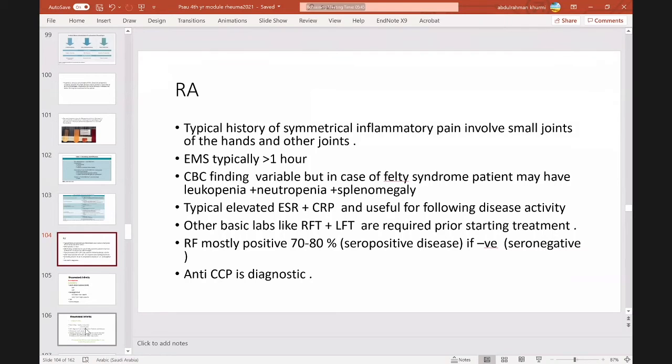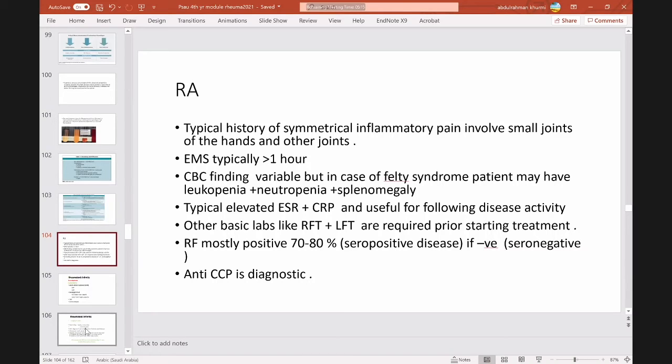So, rheumatoid is symmetrical inflammatory pain in small joints associated with morning stiffness of more than 1 hour. CBC findings are variable, but you might see neutropenia and splenomegaly, in what we call Felty syndrome, and high ESR and CRP. You need to follow other labs like renal function and liver function. Rheumatoid factor is positive in 70% of patients, and anti-CCP is positive and very specific.